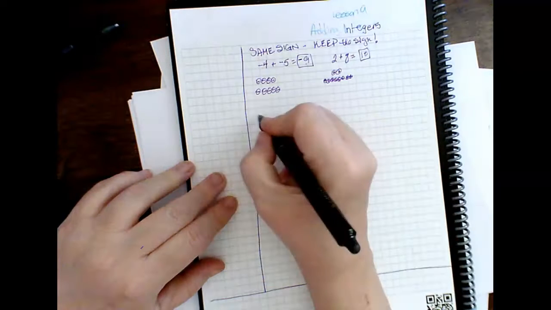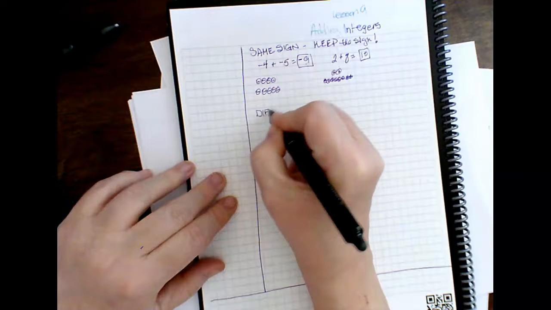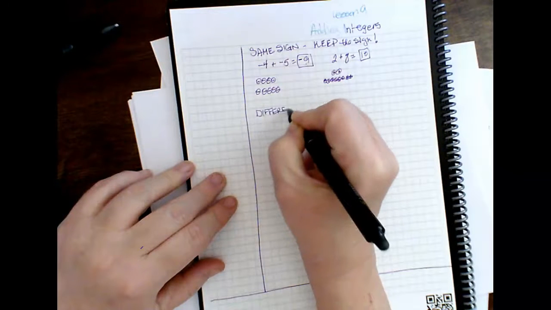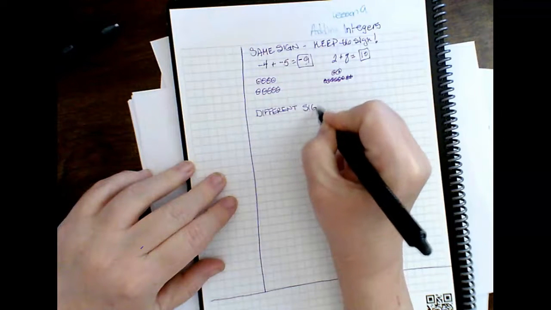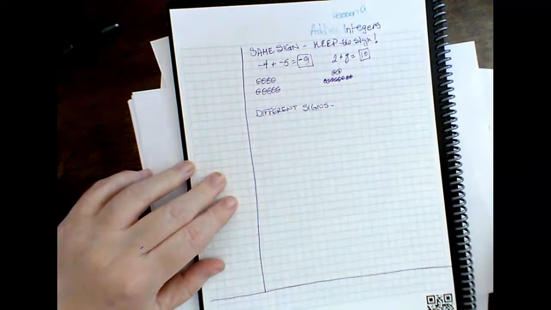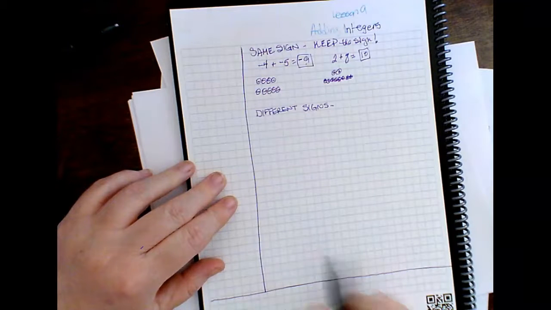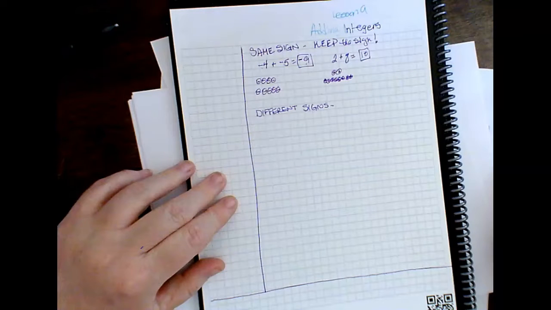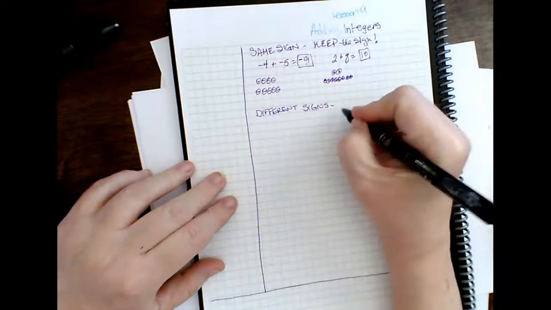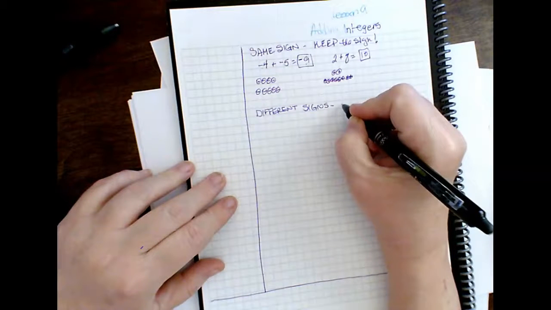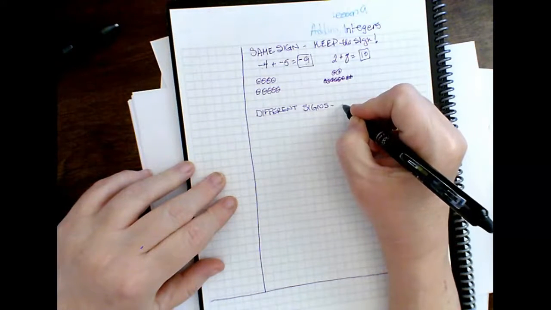Alright? Now, here we go. For different signs, what we're going to look at is, here's where absolute value comes in handy, guys. This is where absolute value is important. You are going to, how do I want to say this?